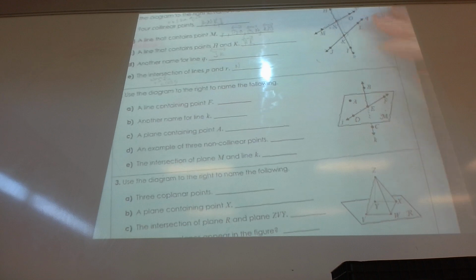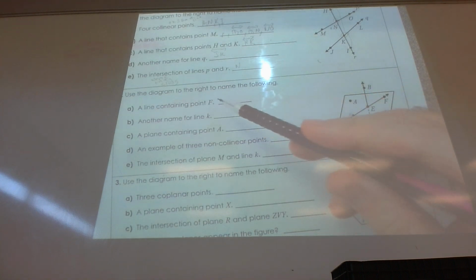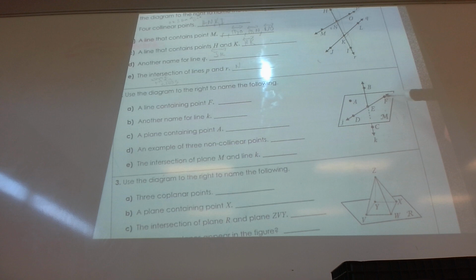Now, for the next section, we're using a diagram still. A line containing point F. Well, F is right here. Again, we have multiple options.